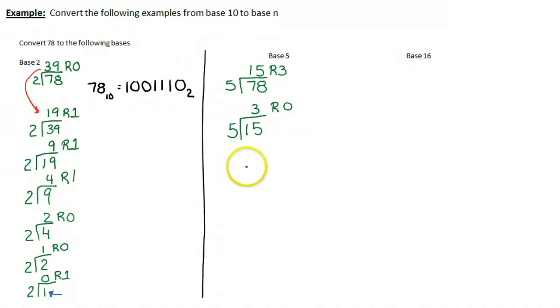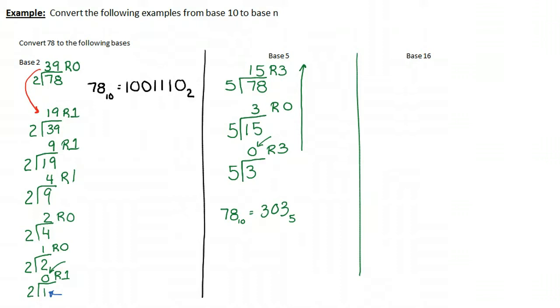Now I'm going to take 3, divide that by 5, and that's going to be 0, remainder 3, and now I'm done, because I'm not going to take 0 divided by 5. So notice here, I think I actually pointed this out incorrectly in the last one: your end mark is when you end up with a 0 as your result. So therefore, 78 in base 10 is equal to 303 in base 5, reading it up the line like this.